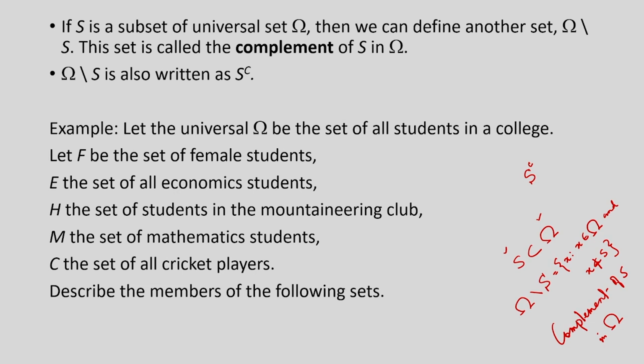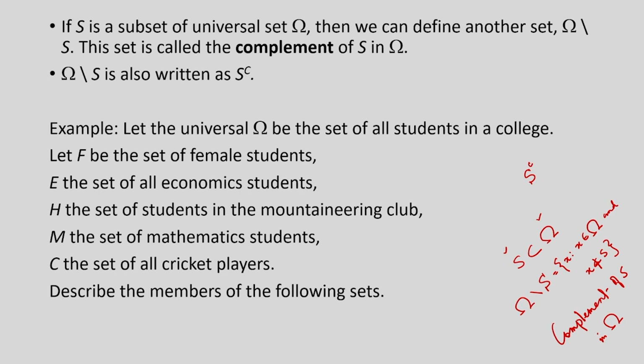So, I have given an example. Let the universal set gamma be the set of all students in a college. Let F be the set of female students, E the set of all economics students, H the set of students in the mountaineering club, M the set of mathematics students, C the set of all cricket players, and describe the members of the following sets.